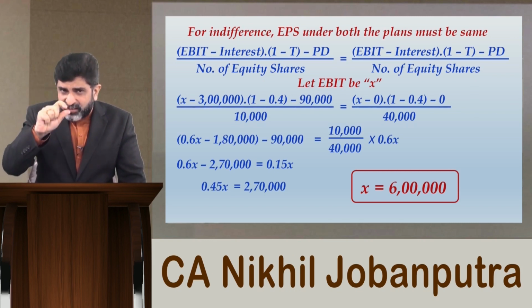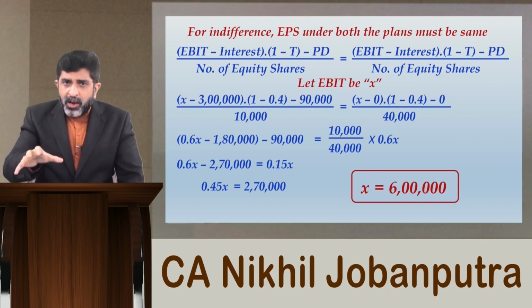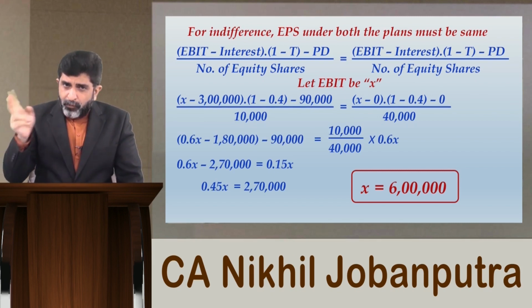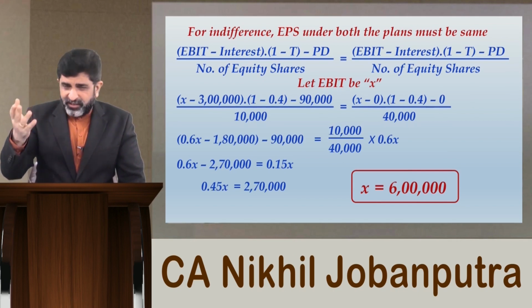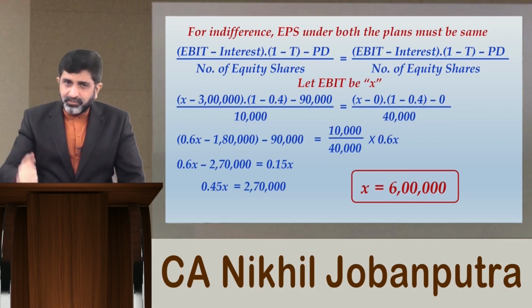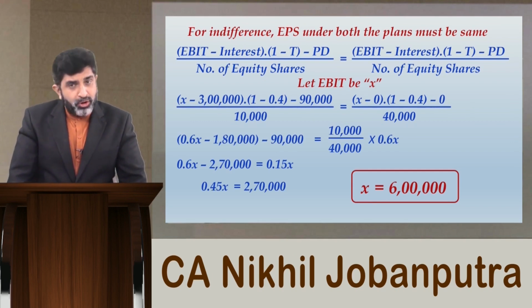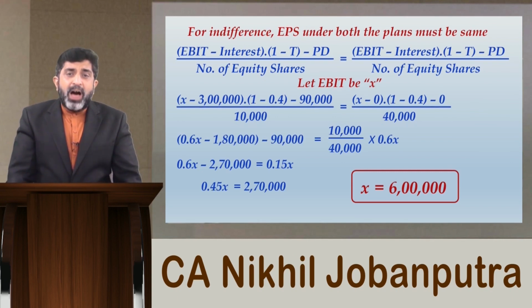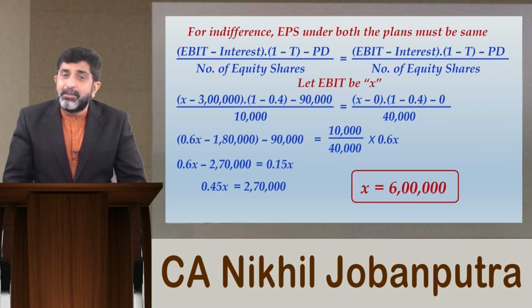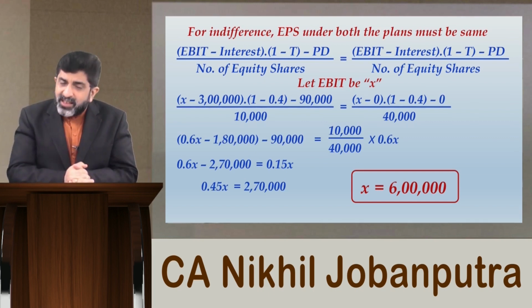I repeat, you take 6 lakhs as EBIT and make up a comparative income statement for the two financing options and work out the rate of return on equity shareholders funds as well as EPS and see whether you are getting that indifference or not. So you will be getting indifference only and only when you are getting same EPS. Indifference means there is no difference, that means the EPS has to be same.